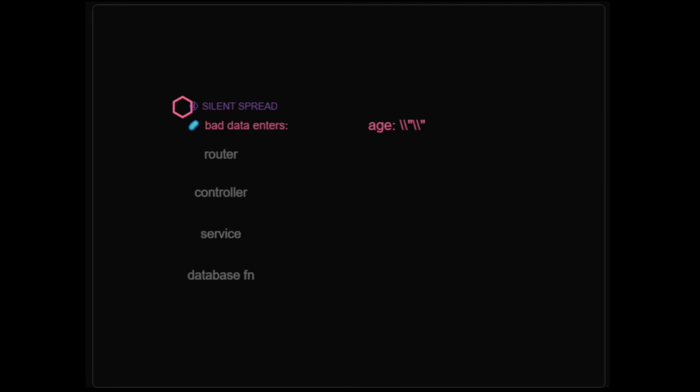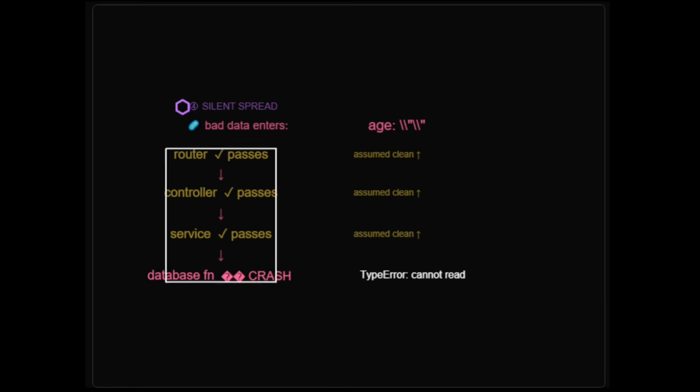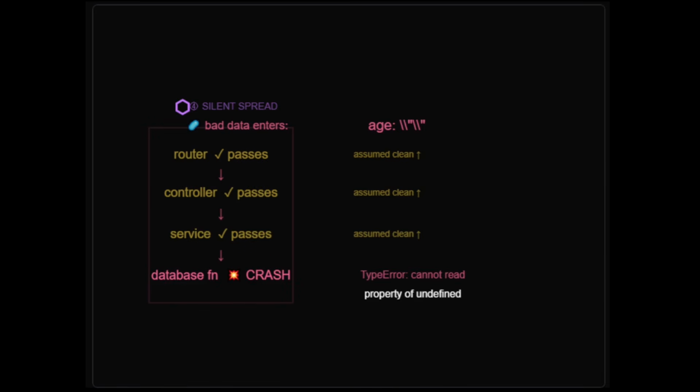Now think about what happens if untrusted data gets in. If a string arrives where a number was expected and your code just passes it along, it travels deeper and deeper into the system. Each layer assumes the data is clean because some previous layer was supposed to handle it.